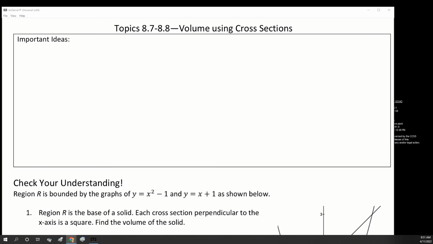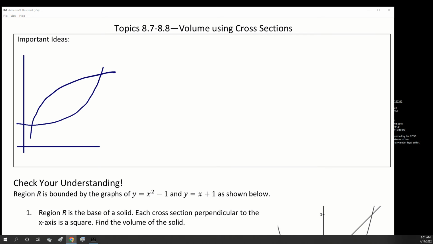So let's just start off and draw a couple of functions that are intersecting. All right, and let's say this first intersection is at the point AB, and the second one is at CD.